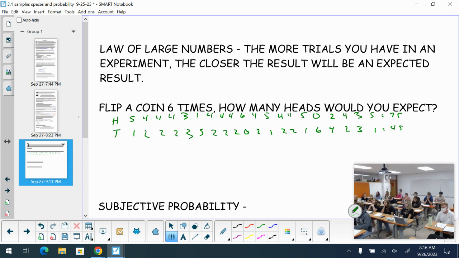Wow. We had 75 heads, 45 tails. So we have 75 out of a total of 120.